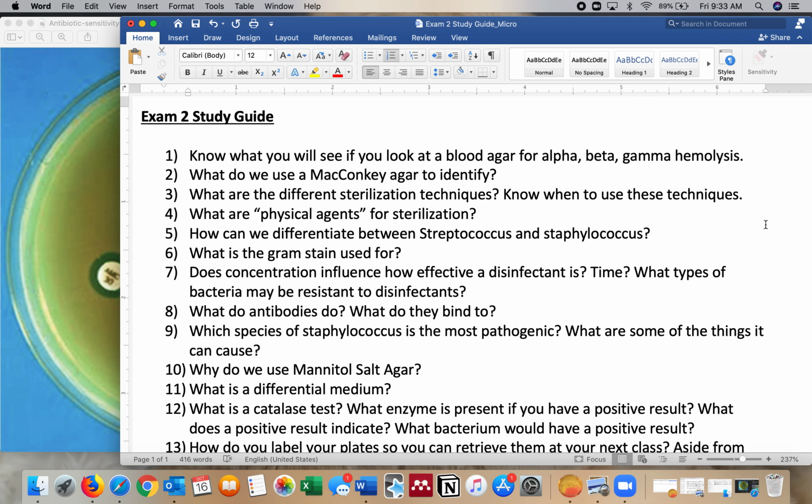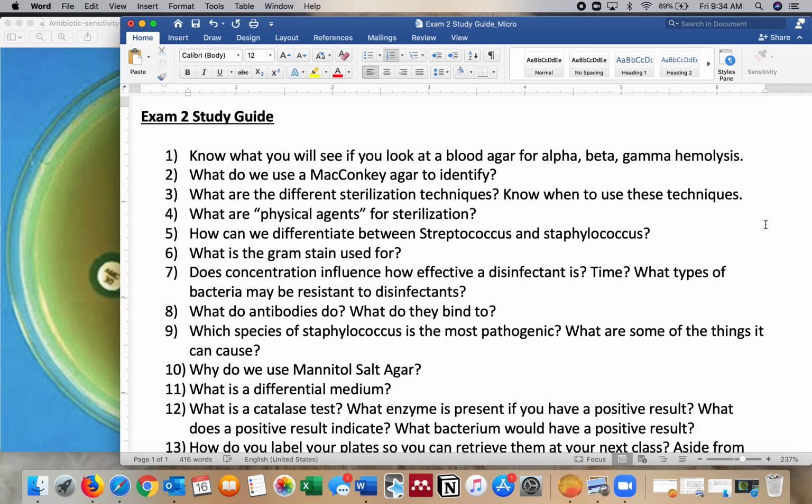If we were talking about flaming your loop, that is a sterilization technique that we use when we are going to plate some cultures. Think about in a hospital setting, what would we use to wipe down a bed after a patient left? Just understand when to use these different sterilization techniques.